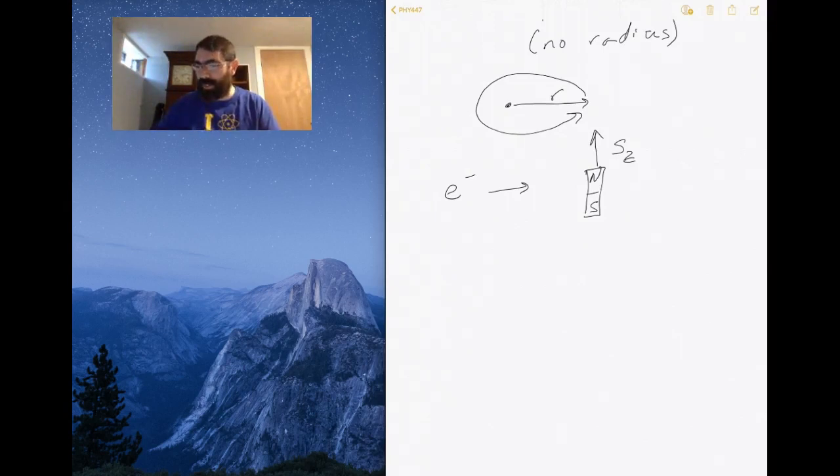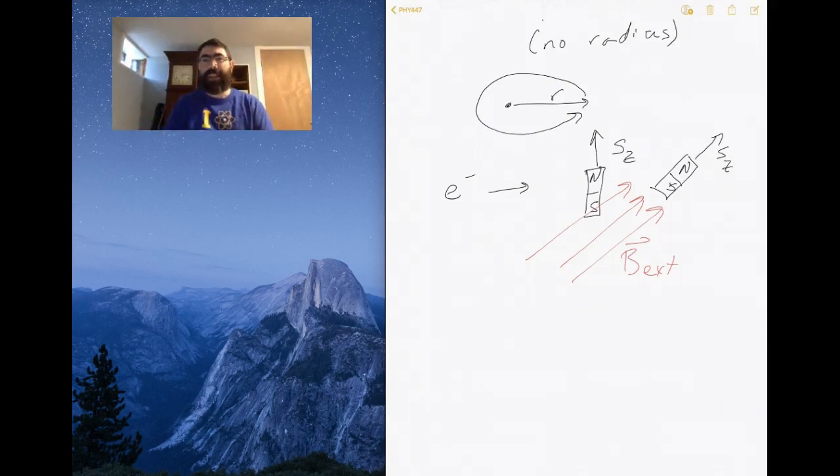And now if I put a magnetic field across this magnet, and I'll make my magnetic field red, then the consequence is that I'm going to rotate the magnet and align it in the direction of my magnetic field. Now I've lined up my magnet. And that's our connection with spin, that it's more of a magnetic property.